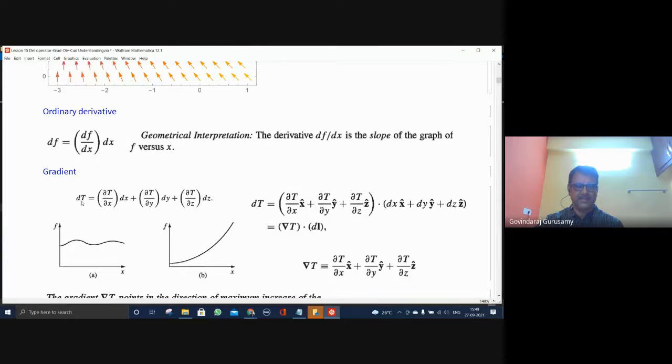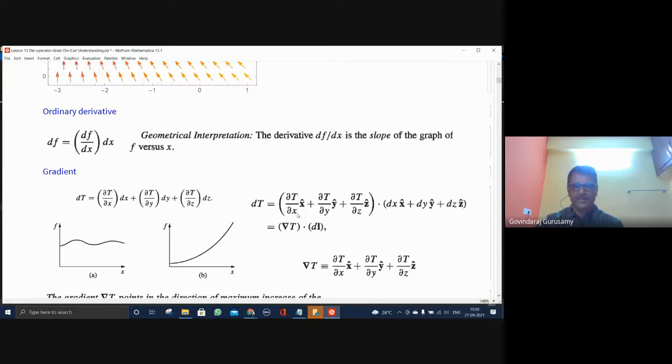This is the total dT, the change in T. This is the partial along x, partial along y, partial along z, and dx, dy, dz are multiplied here. We can write this with dx, dy, dz along x cap, y cap, z cap. This is a dr vector.